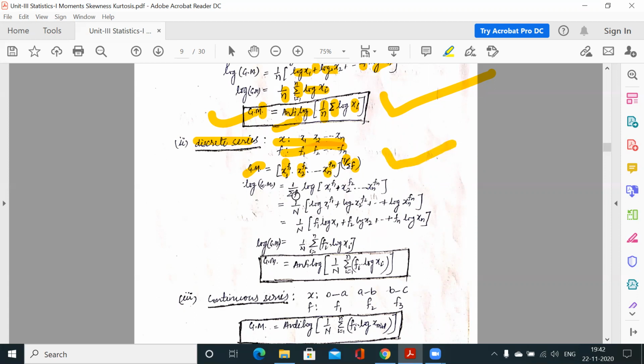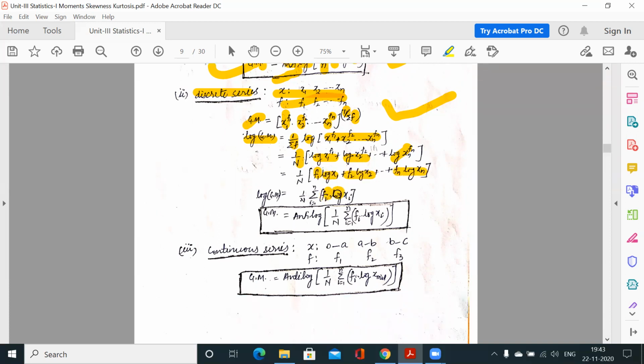Now again, we will take the help of log to make the calculation easy. So log of geometric mean is equal to 1 by summation f, log of this product. Again, this summation f is represented by capital N, the total frequencies. So this is log of a product of values. So log of this plus log of this, log of this. So again, we will apply the log property: f1 log x1, f2 log x2, fn log xn.